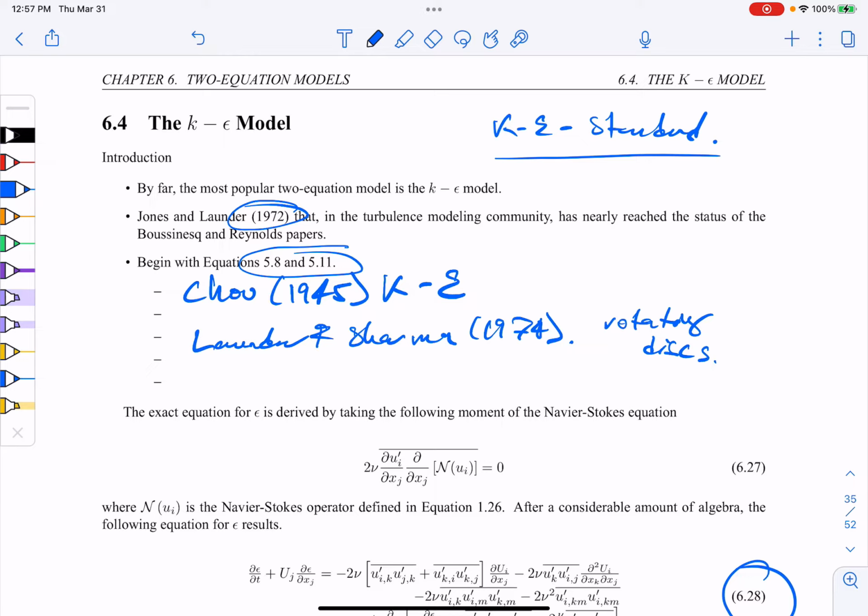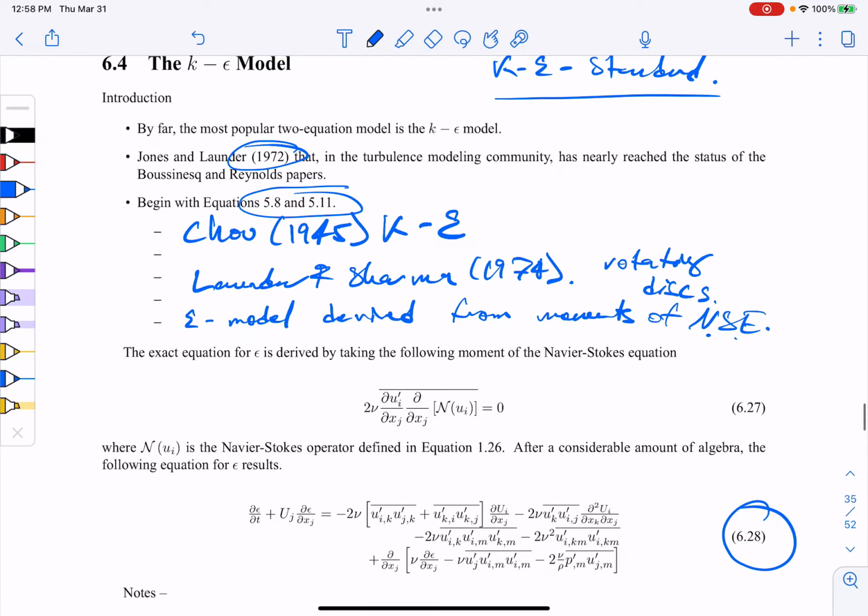And of course, an advantage is that the epsilon model itself is derived from moments of the Navier-Stokes equations, which I think we talked about maybe in chapter 2 or module 2 of the class. And here's just a reminder of the operation. Epsilon is derived by taking the moments of the Navier-Stokes equations.